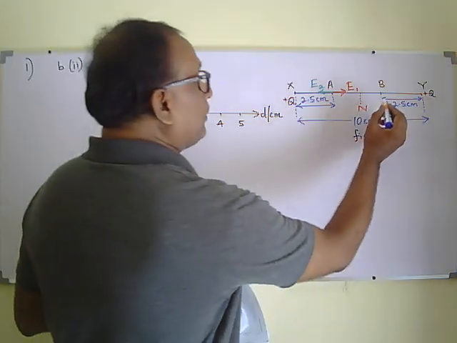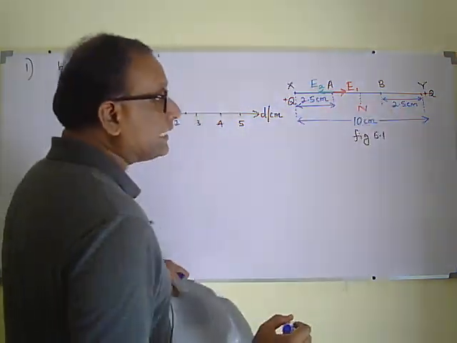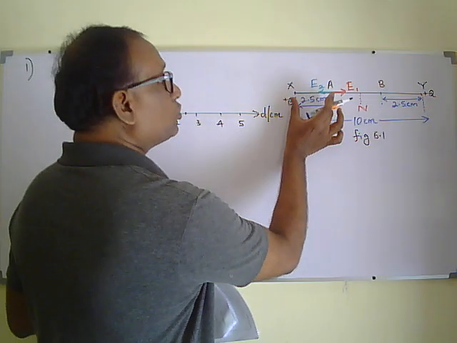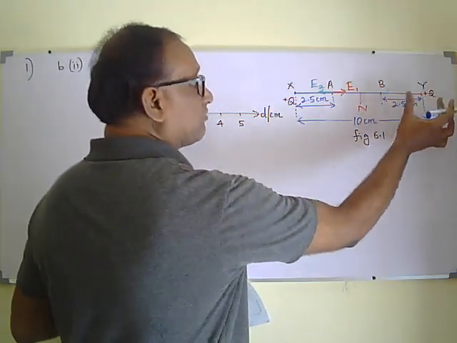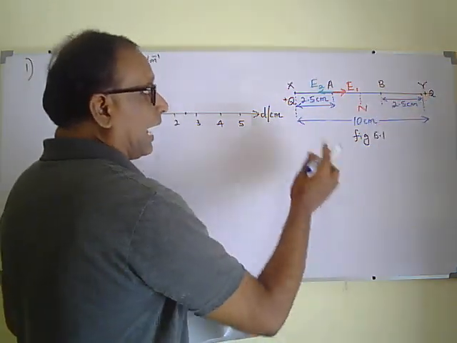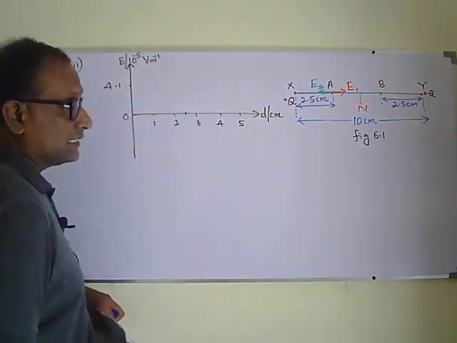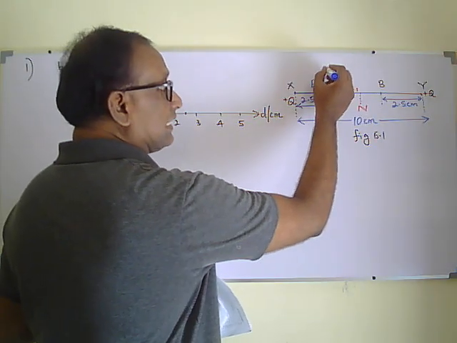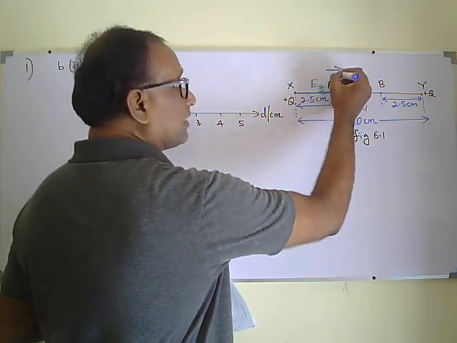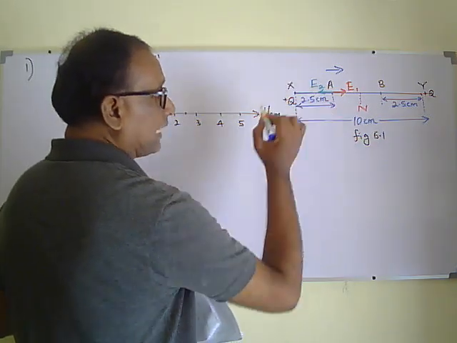Now, when you go to B, A and B are identical points, is it? Because A is 2.5 from X, B is 2.5 from Y, and both are same magnitude of charges. So at A, I know the resultant electric field strength, which is 4.1, is towards right because E1 is larger than E2.